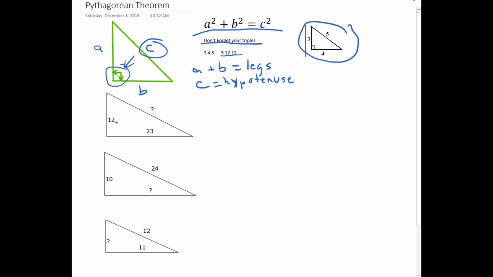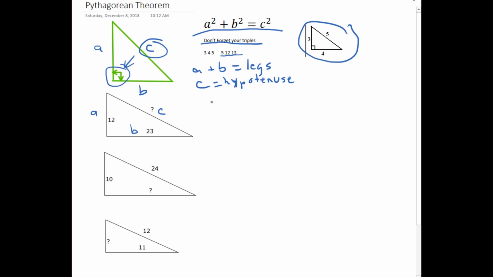So in this right triangle, we have a leg, which we'll call A, of 12, and we have a leg, which we'll call B, of 23, and C, we do not know. When you're doing these, write out the triangle, label A, B, and C, and then just plug them into your equation.